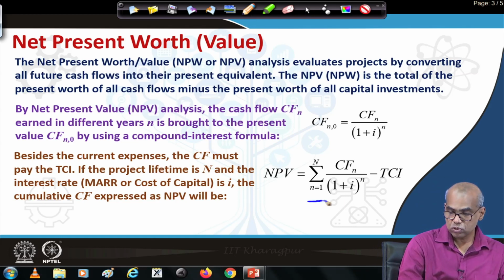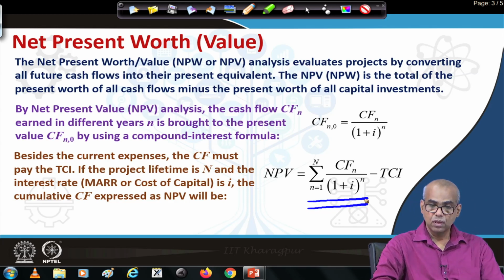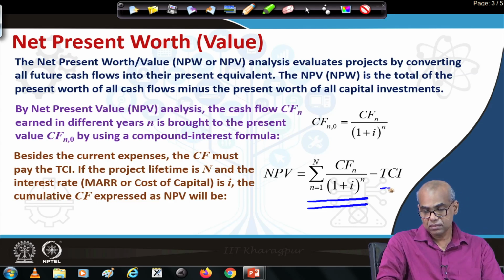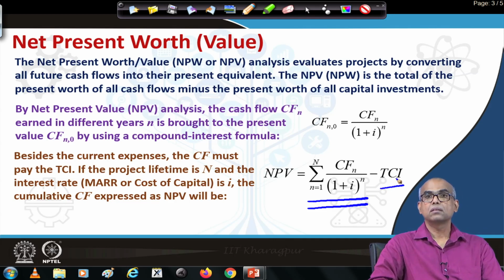all the cash flows converted to the present worth minus the total capital investment. So, this is the mathematical expression for the net present value.